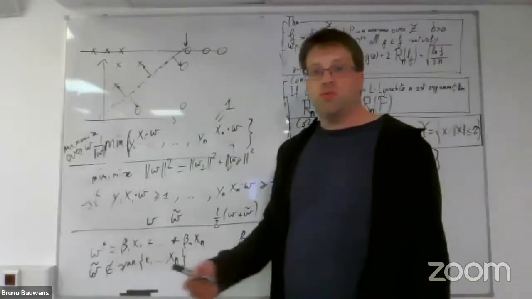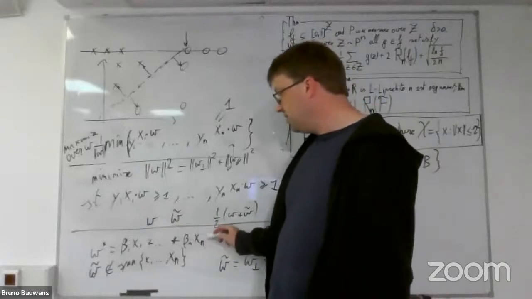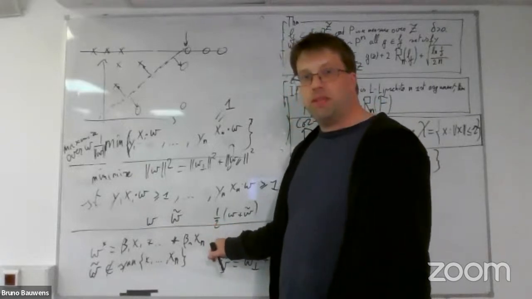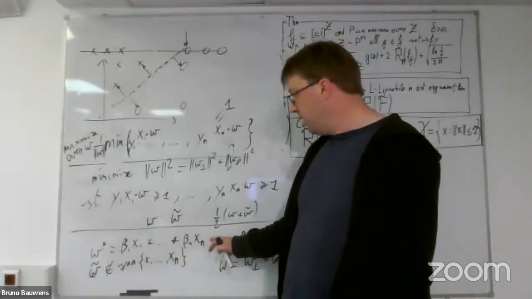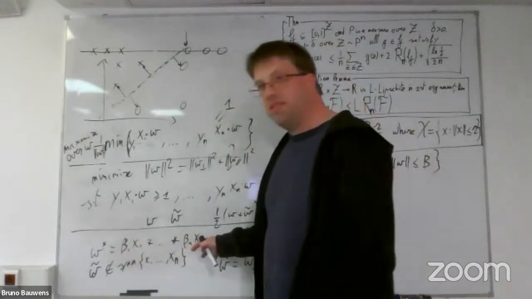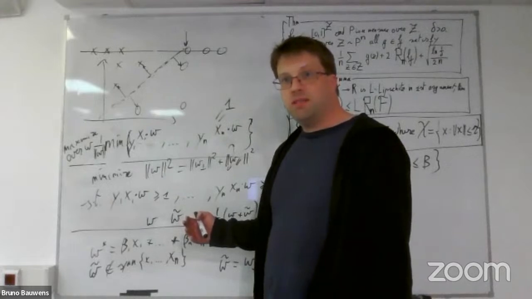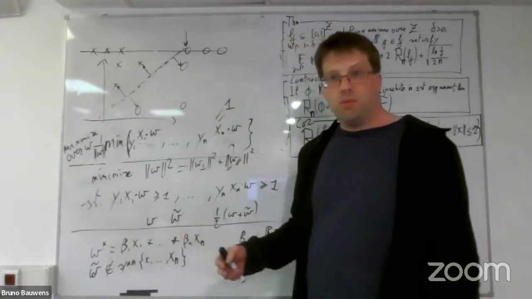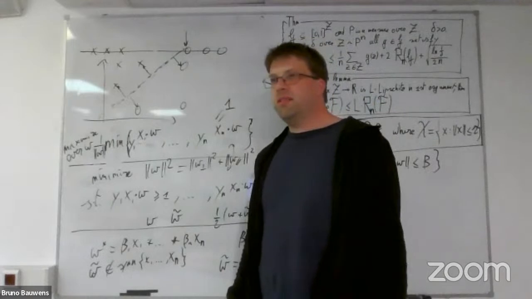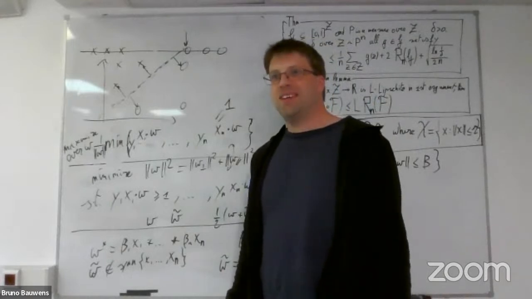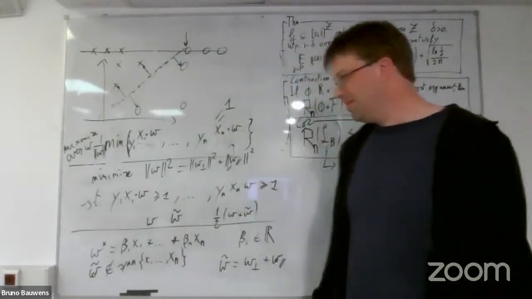And we also proved that if the x's live in a low dimensional space, then, in one of the seminars, there was an exercise to prove that the number of support vectors you need is at most the number of dimensions. This is a consequence of Caratheodory's theorem.